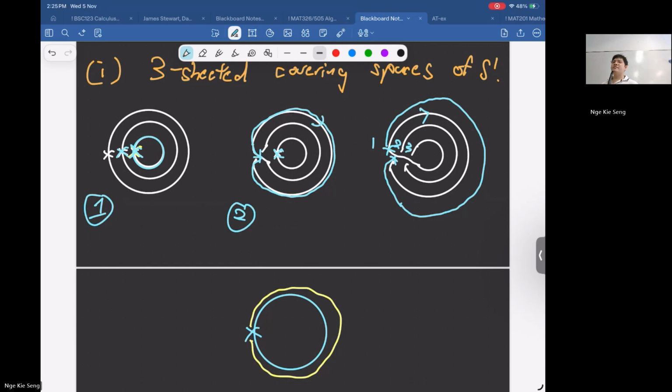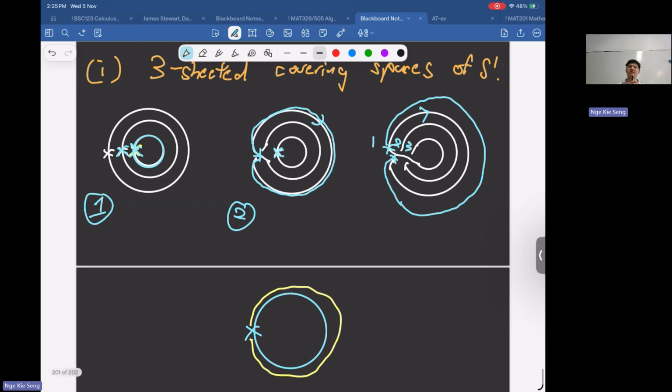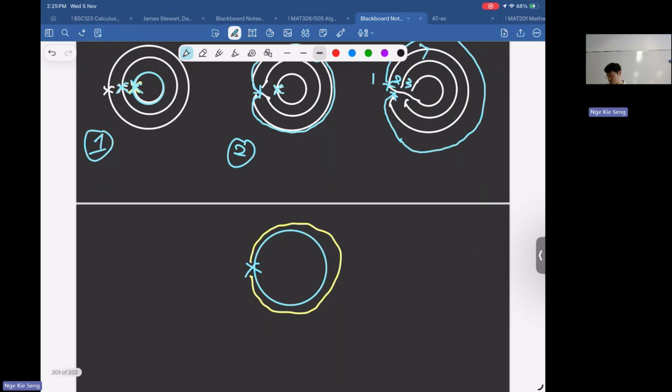At the start, that one is simply connected.